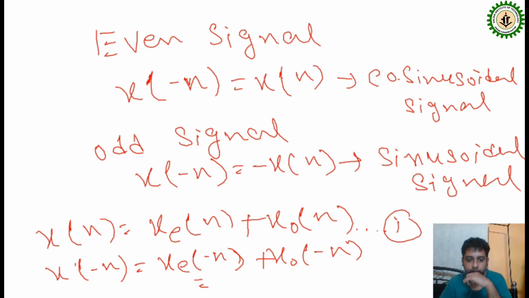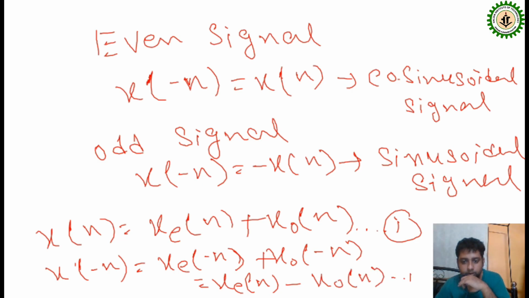So we can write x_e of minus n, that is x_e(n), and for the odd case, x_o of minus n is minus x_o(n). That is minus x_o(n). This is number 2.